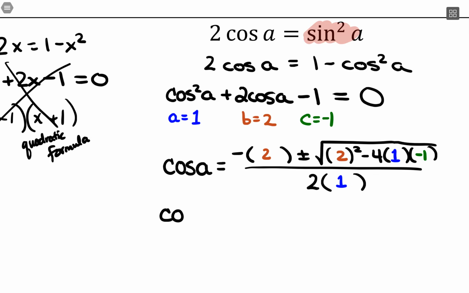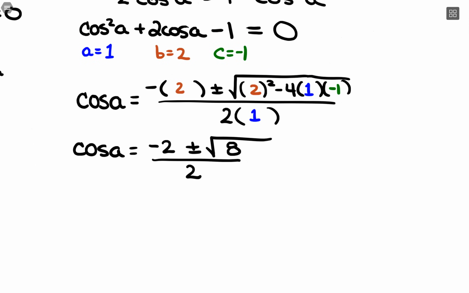So simplifying this down, cosine is equal to -2 plus or minus the square root of 4 plus 4, all over 2 times 1. And then I'm just going to simplify this down. So -2 plus or minus the square root of 8, which is made up of a 4 times 2. The square root of 4 is 2, and then we still have a 2 trapped underneath. I can divide out a 2 from each piece.